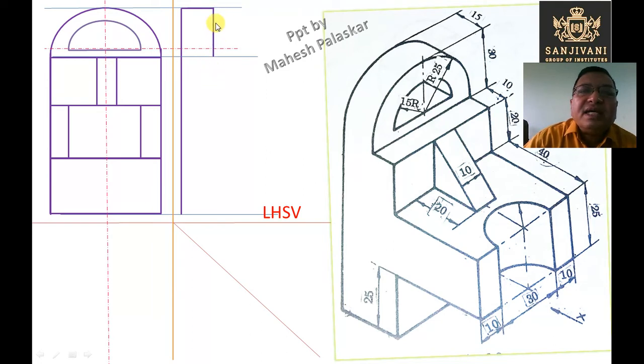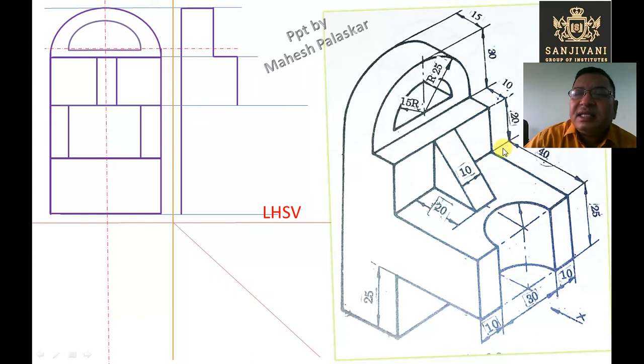The length of this vertical line is of course 30 mm, because this distance is 30 mm. Then we draw a horizontal line, and that distance is 10 mm. This is 10 mm, so the length of this line is 10 mm. Then we draw this projector from here, and we draw a vertical line. Again the length of this line is 20 mm, because this length is 20 mm.